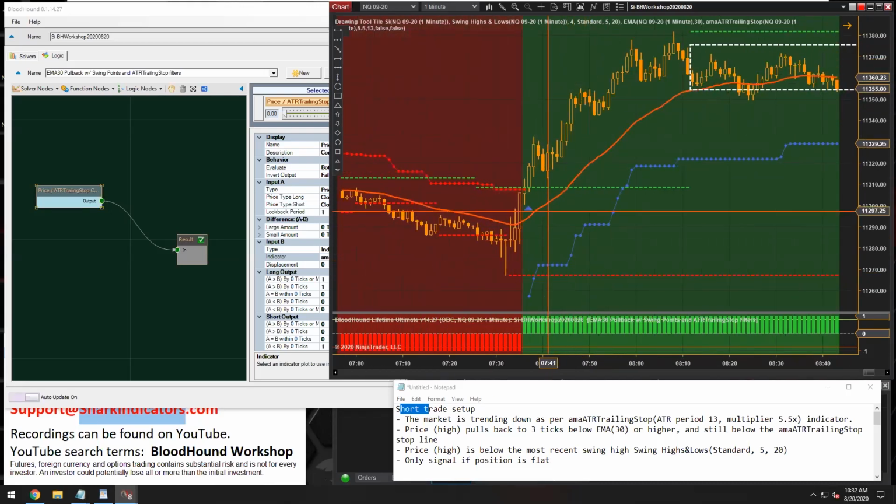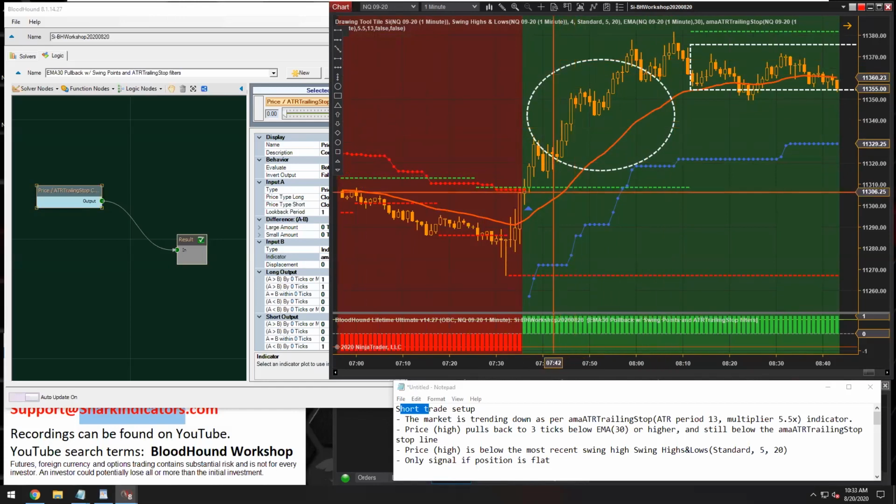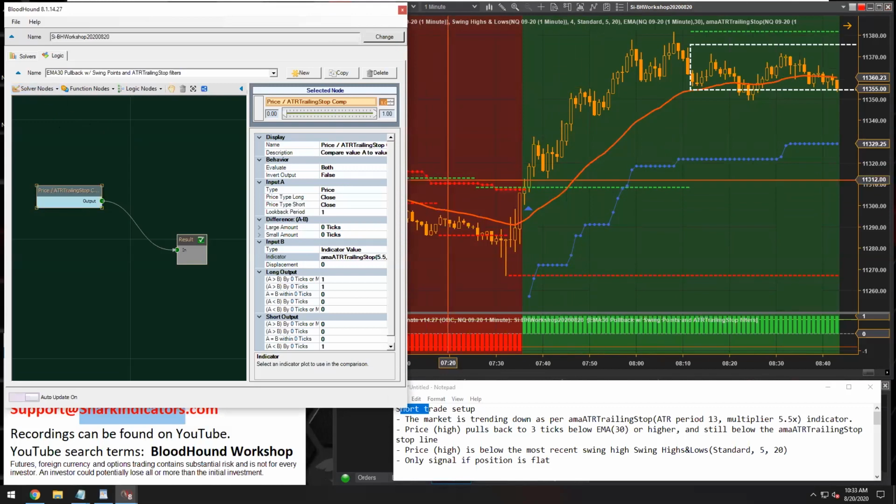Same over here, there's a few bars that are the same. And then occasionally we'll have an area like these bars, which are above the swing high, so no short, and they're only above the swing low. So again, we're comparing price to an indicator.